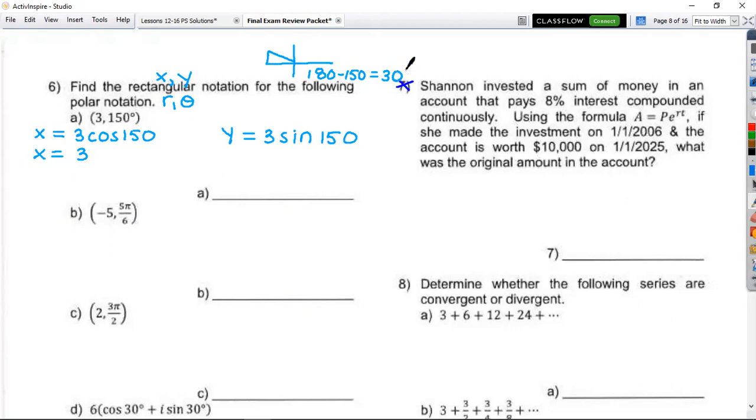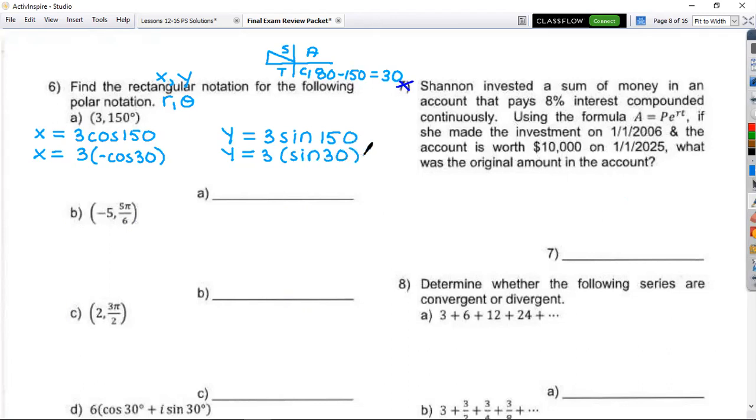And as a force of habit, immediately take your next step and label this so you don't forget it. So 30. In quadrant 2, x is negative, so this is negative cosine of 30. And y is equal to 3 times positive sine of 30. Then all you have to do is plug them in, and those are your answers.